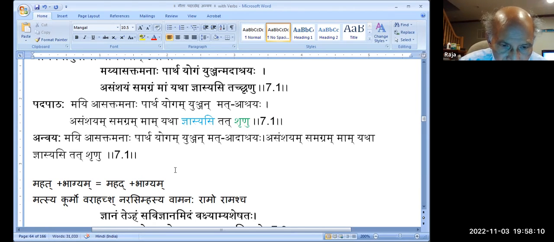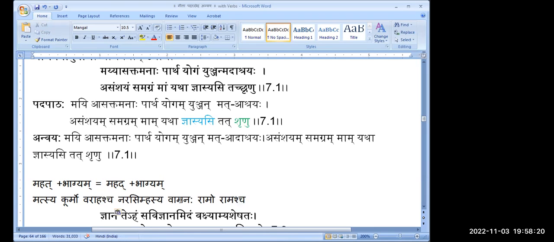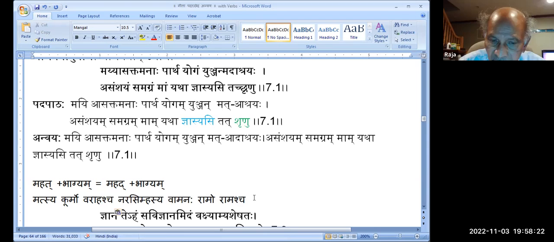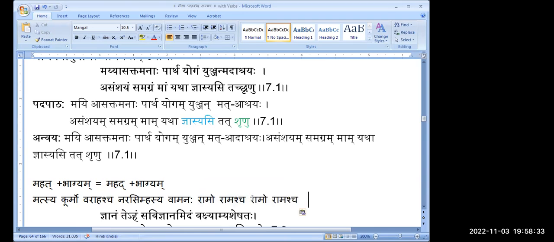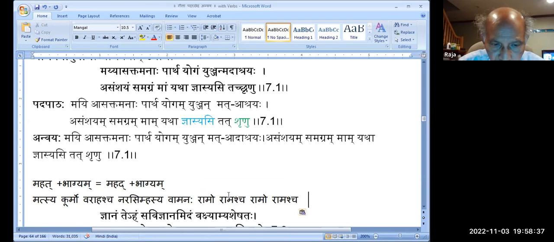Ramo, Ramascha, Ramasya, and this also should be changed here. Balarama and Rama. There are two things. There is one more.